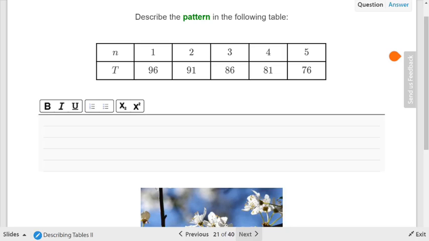So the 6th one would be 5 less, or 73. Once you've established a pattern or a rule, you can always find the next value or the next several values. All right, so there they give you the description of that.